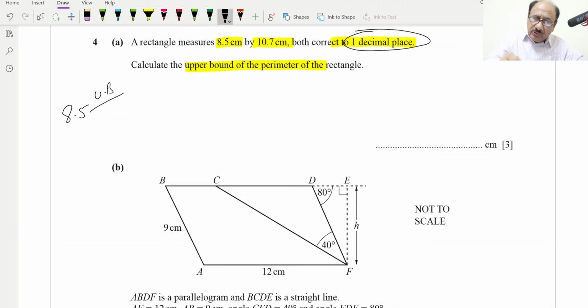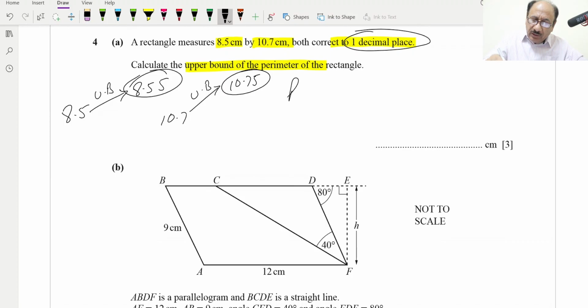One decimal place, so it will be 8.55, and upper bound of 10.7 also we need to check, and this will be what? This will be 10.75.